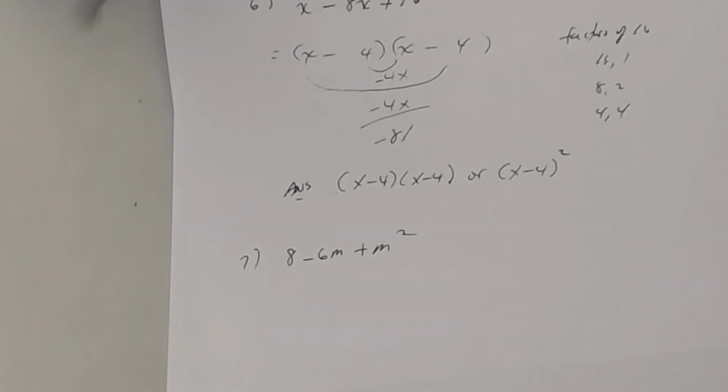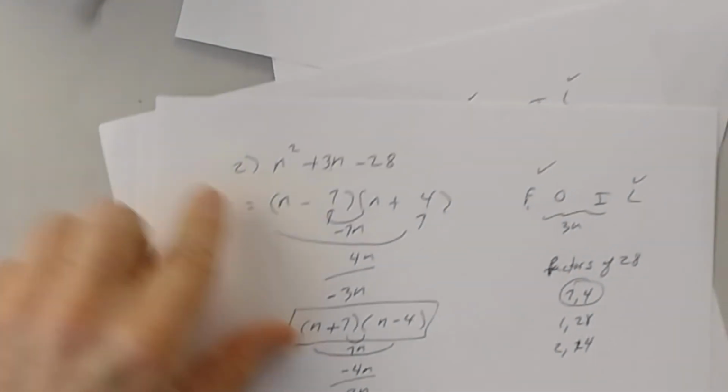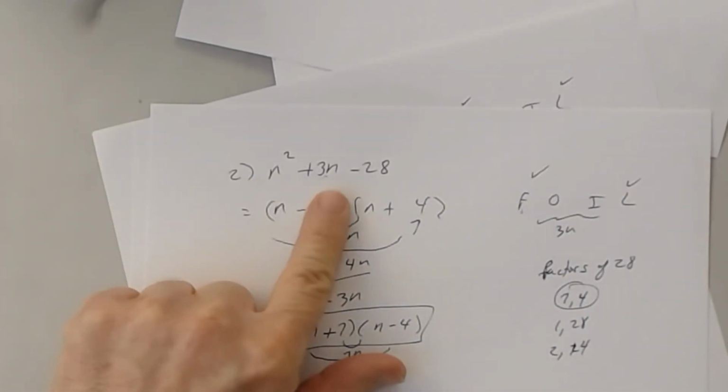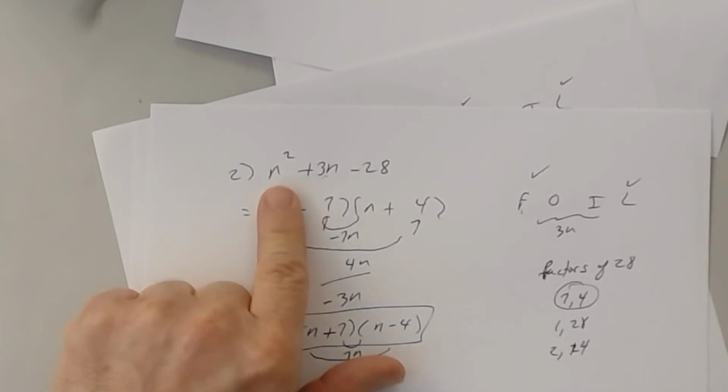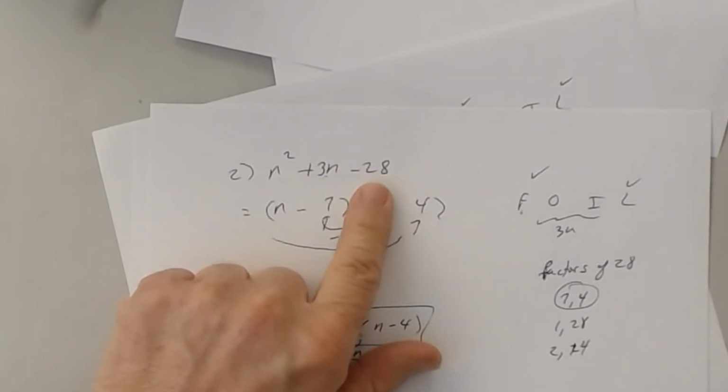If you look at all the other problems, and I'm going to use a new word now. If I go back and look at all of the other problems we've done, I'll come back and show what number 7 is. But if you look at number 2, I had n squared. There are how many terms you see here? 3.